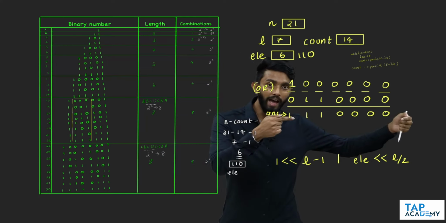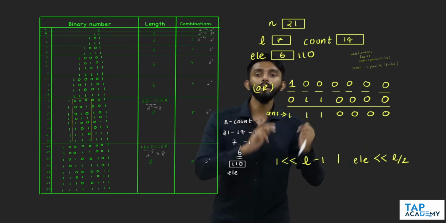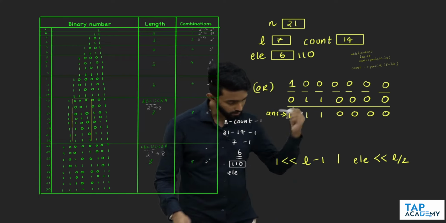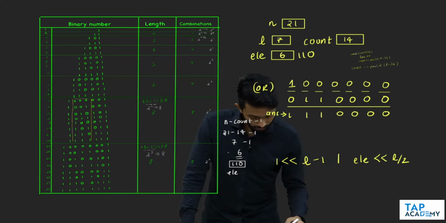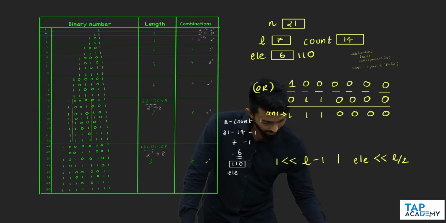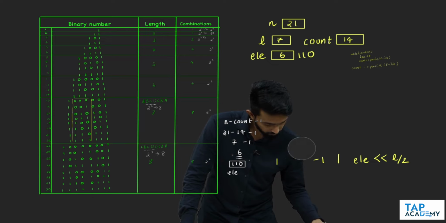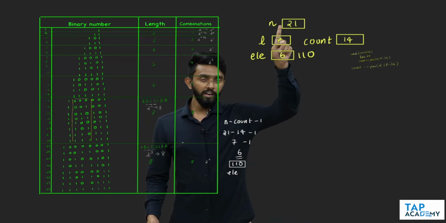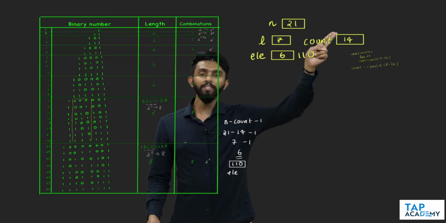Now from this answer, you have to generate the complete answer. Now, how will you generate the complete answer? Well, it's very simple. Now that you understood this, let me write it as an algorithm and show you. See, ultimately, you are given n. From n, you want length and count.